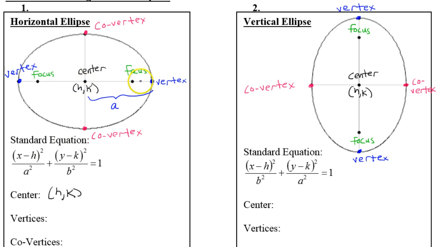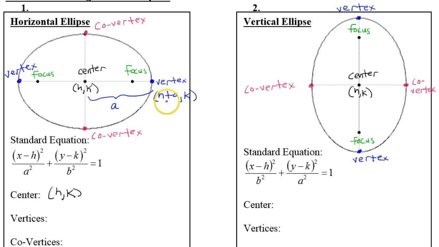So the coordinates of the vertex, if we're looking horizontally, should start with the h value, and we're going a to the right. So the coordinates of this vertex on the right hand side, the x value should be h plus a, starting from h and going a to the right. The y value should be k because these are at the same height.